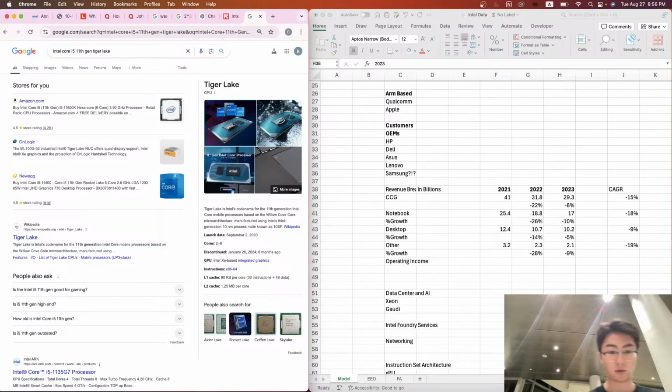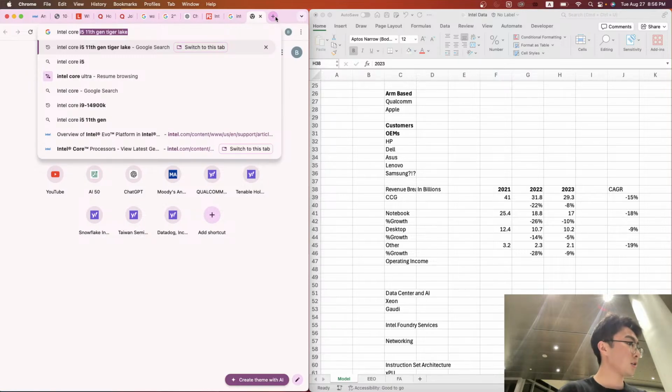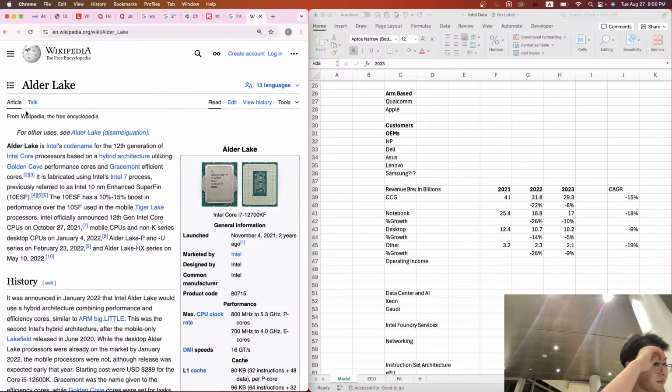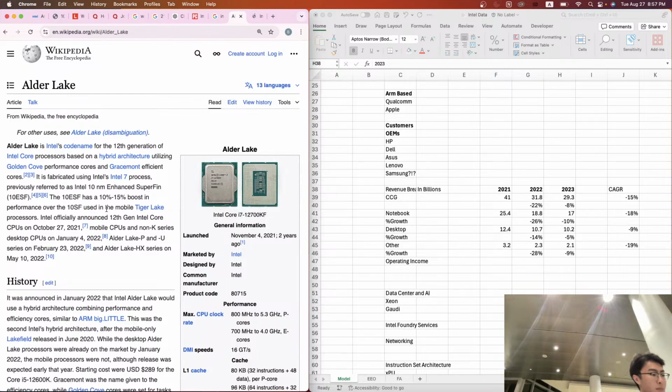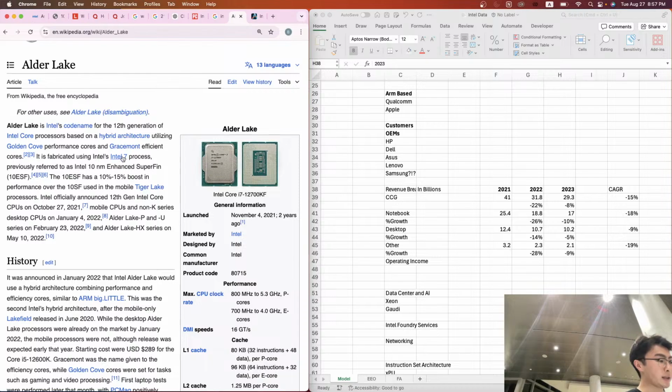Launch date September 2022. Okay. Then I guess the Intel Core 12th Gen Alder Lake. Intel 7 process.